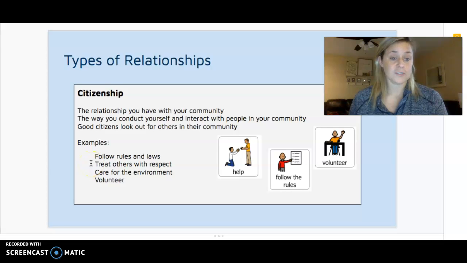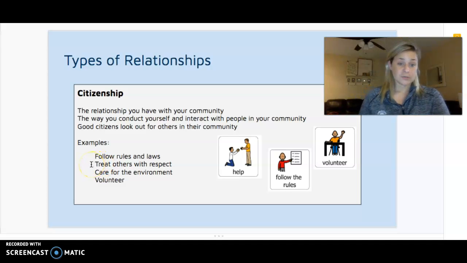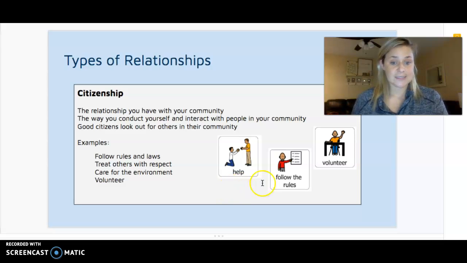So you follow the rules in school, and then you follow the laws outside of school. They treat others with respect. They care for the environment, and they volunteer. So citizenship, to be a good citizen, you can help others, follow the rules, and volunteer to help.